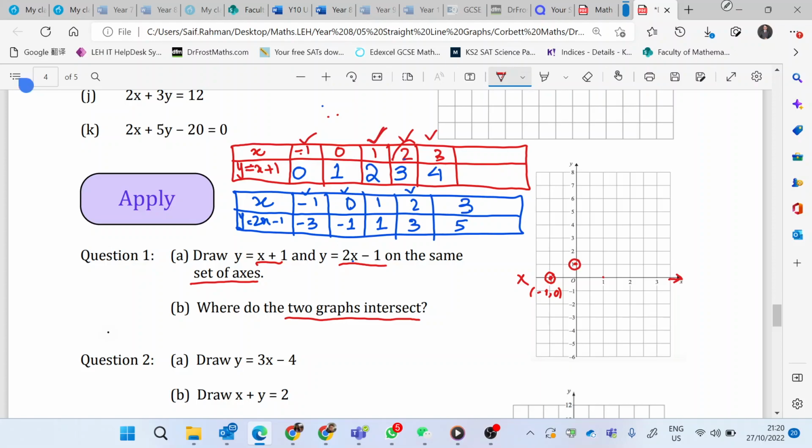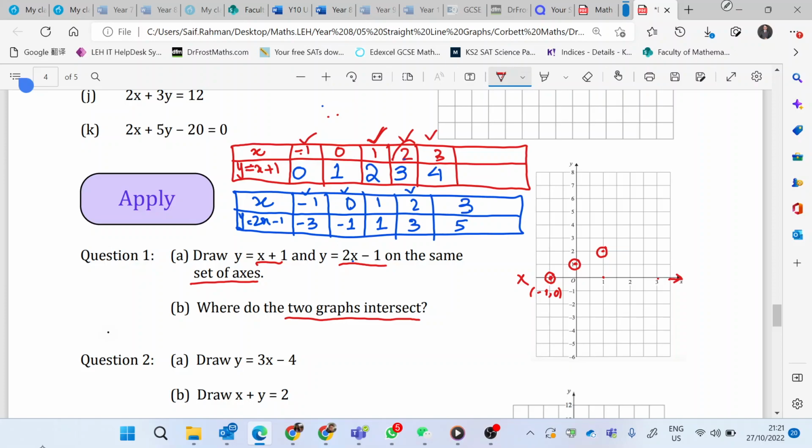The third point is x is 1 and y is 2. X is 1 here and y is 2 here. So I'll just look for the place where these two points cross each other. And my next point is x is 3 and y is 4. So x is 3 here. My next point was 1 and 2, and the next point was 2 and 3.